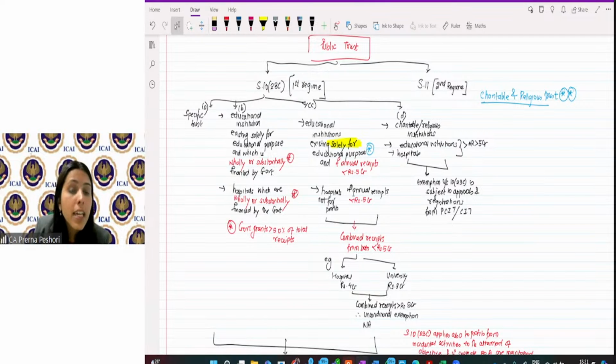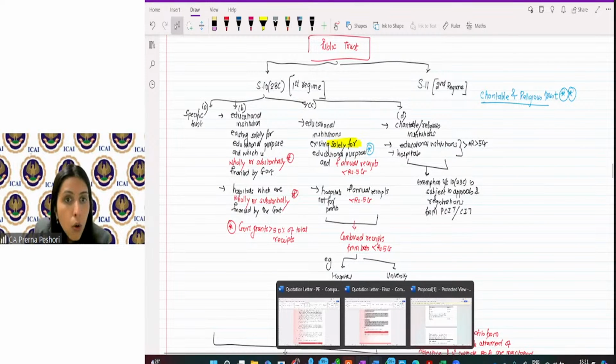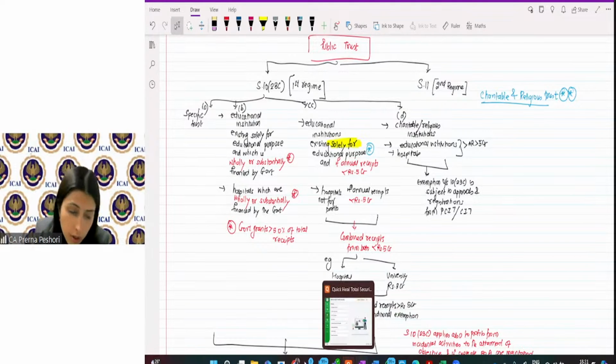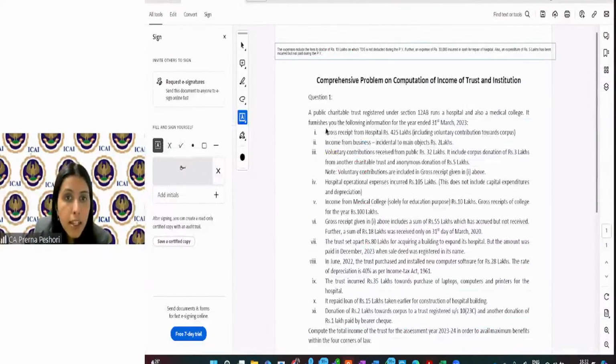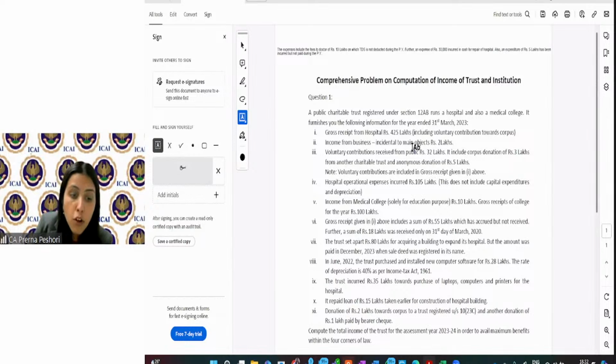But what about the hospital? The receipts of the hospital are also less than rupees 5 crores. The gross receipt from the hospital is 425 lakh, which is 4 crore 25 lakhs, right? Now the receipt from each individually, the hospital as well as the educational institution, is less than 5 crore.